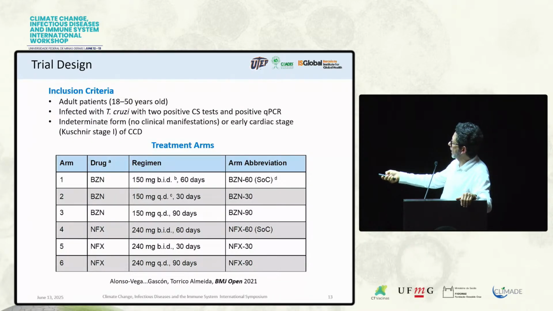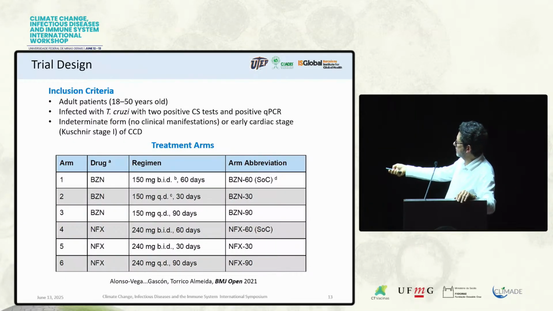So we have 3 arms with benznidazole. One is standard of care, 150 milligrams twice a day, 60 days. The other one is half of the period and half of the dose, just once a day, 150 milligrams. And the third one, 150 milligrams once a day for 90 days.